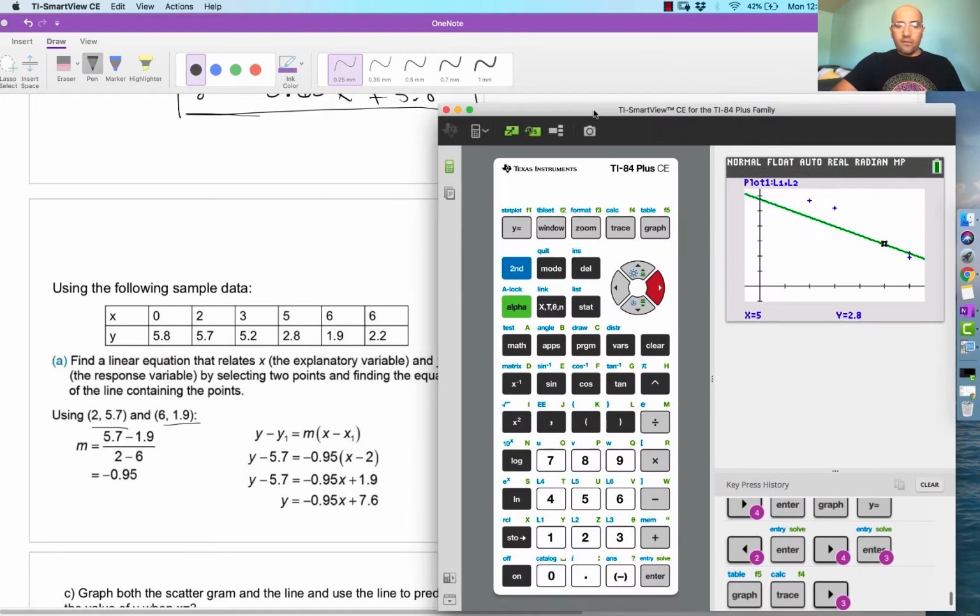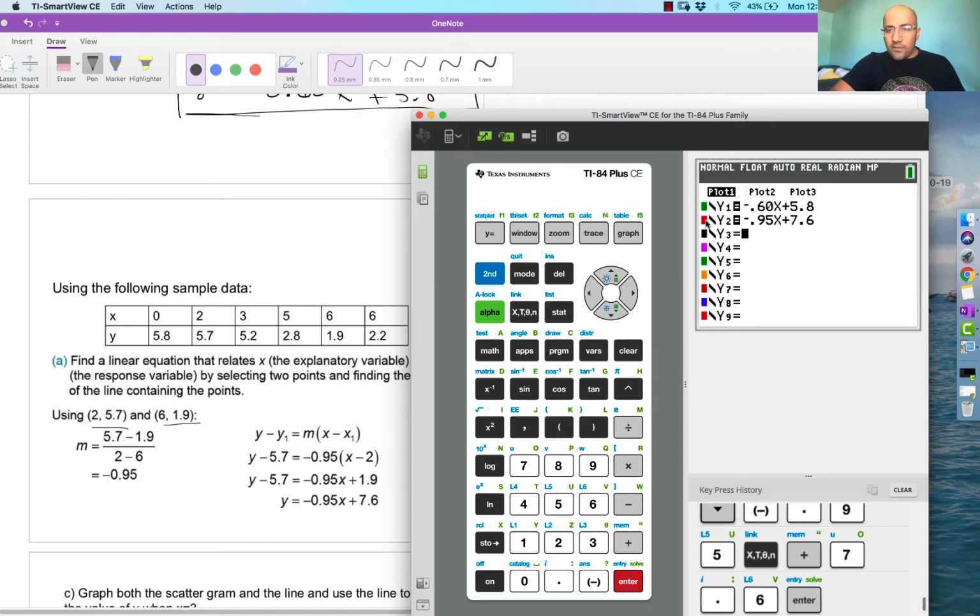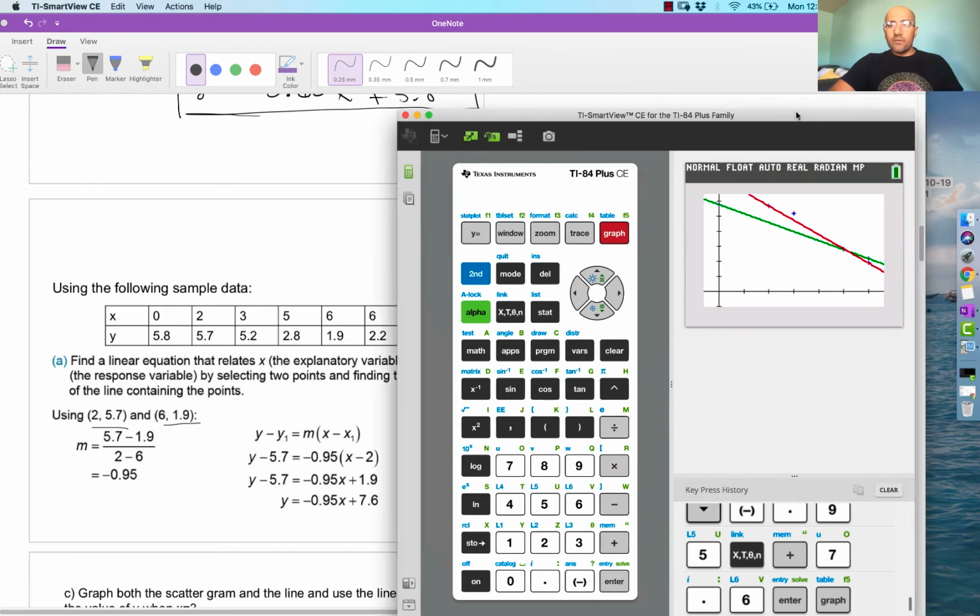So let me go over to y equals, come down here, and then negative 0.95x plus 7.6, enter. Okay, that's another line, and it looks like it's going to graph it in red. Let's graph. So there we go. So I have my equation.